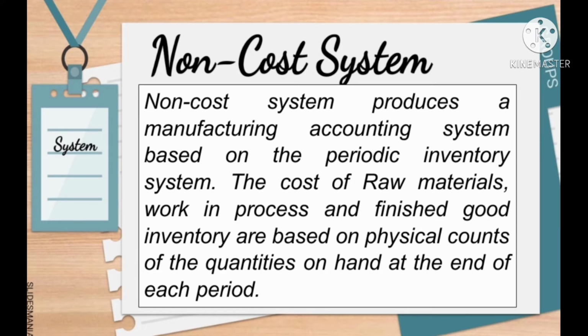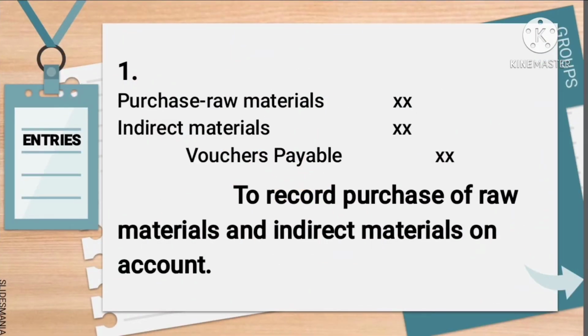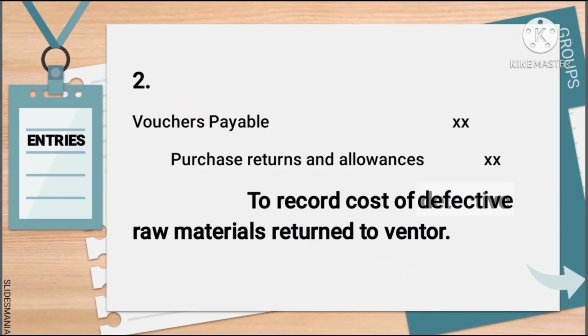Now, we have pro forma journal entries of the more common transaction for a manufacturing entity. First is to record purchase of raw materials and indirect materials on account. Debit purchases raw materials and indirect materials. Credit vouchers payable. Second is to record cost of defective raw materials returned to vendor.